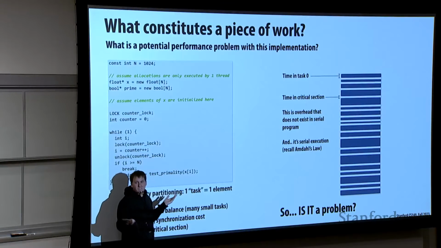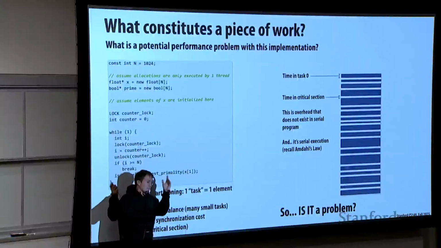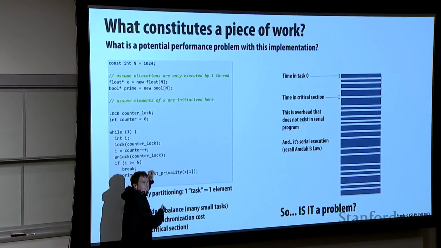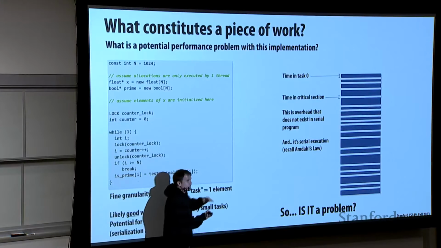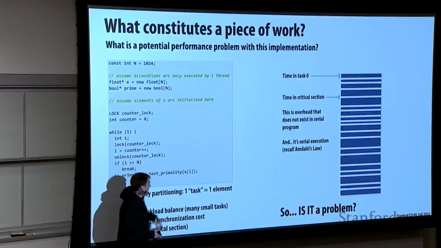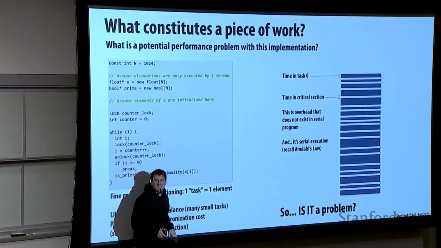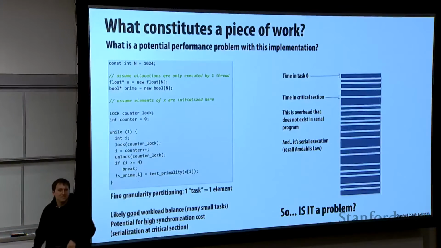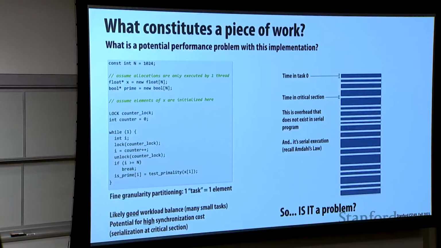Say that was 8 seconds. So I'm already doing better with 5.9 seconds. But now my question is, can I do even better than 5.9 seconds? The information I have is the total of 5.9 seconds, and let's say I spend 5.75 seconds in all of my calls to test primality. What do I conclude?